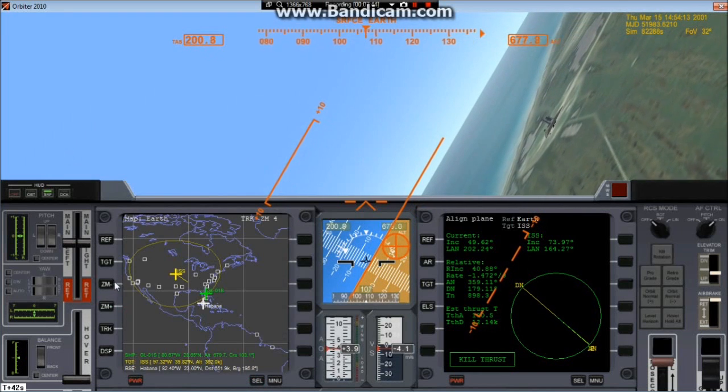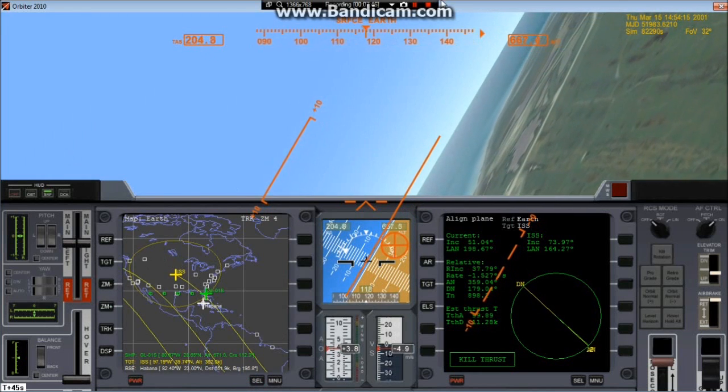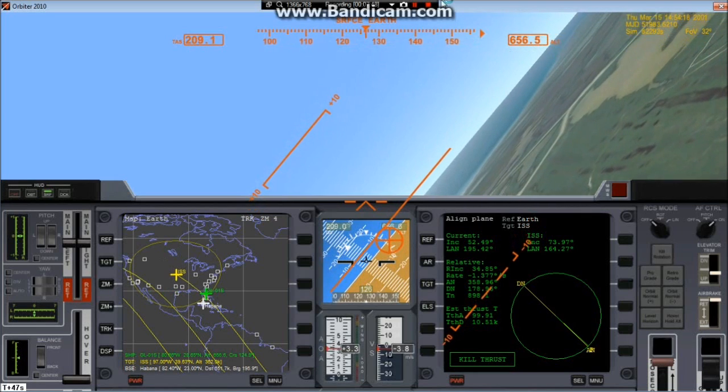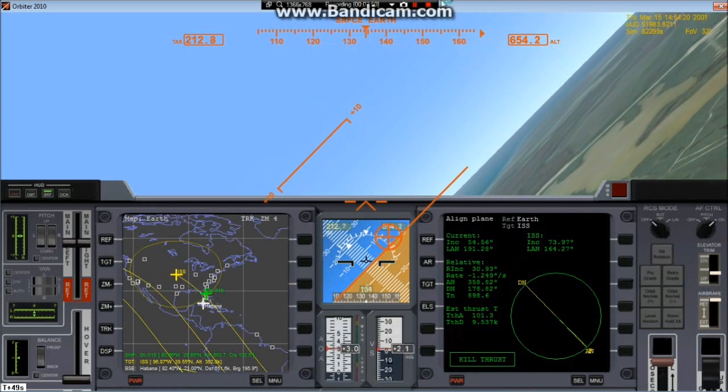Keep an eye on the map as well. And there you can see now the green line is our orbit, which has recently formed on it.